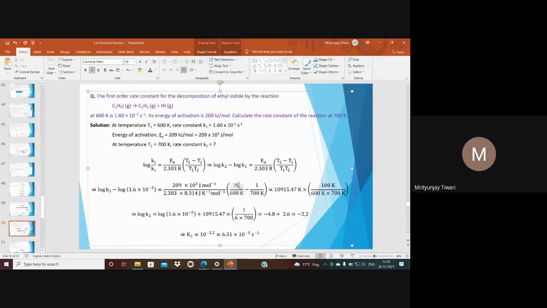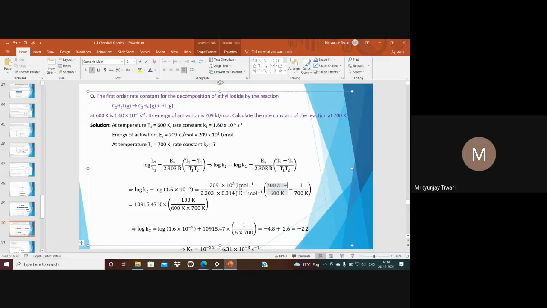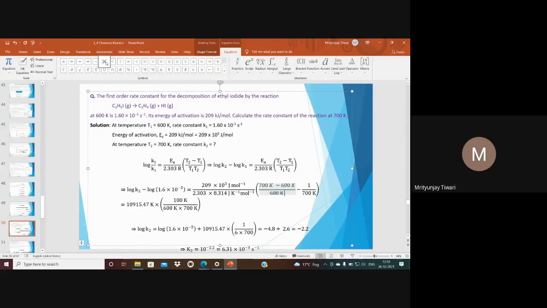This is 700 Kelvin minus 600 Kelvin divided by 600 into 700.